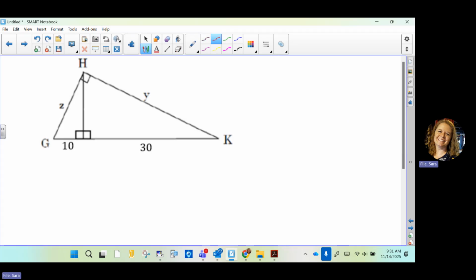And remember the leg rule said that the leg, let's start with Y, the leg squared is equal to the portion of that hypotenuse. Here's the whole hypotenuse. What is that whole length? 40.